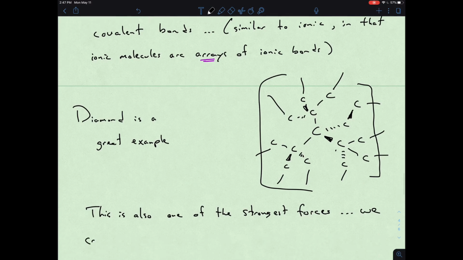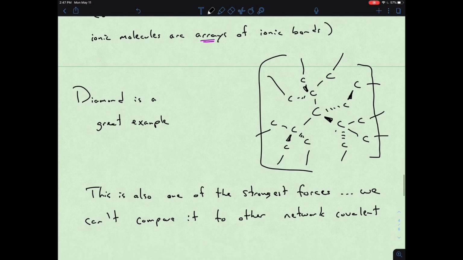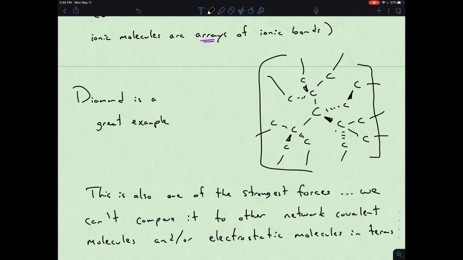We can't compare it to other network covalent molecules and/or electrostatic molecules in terms of strength.